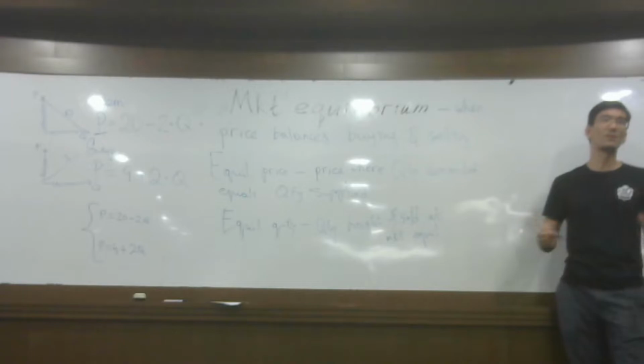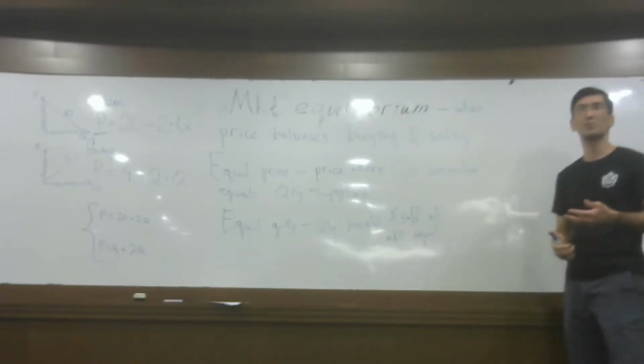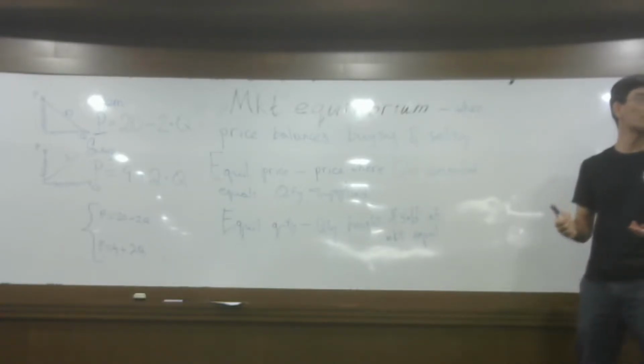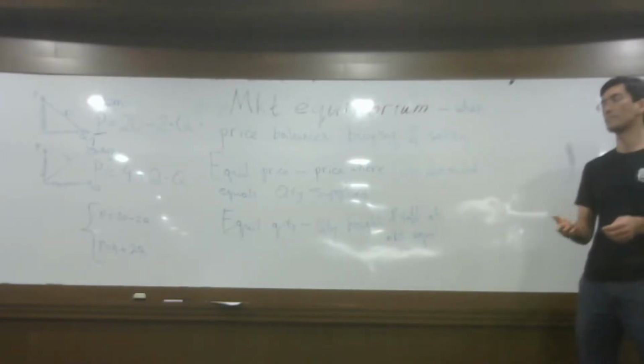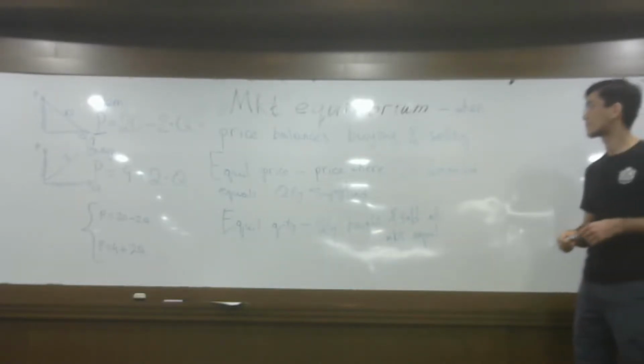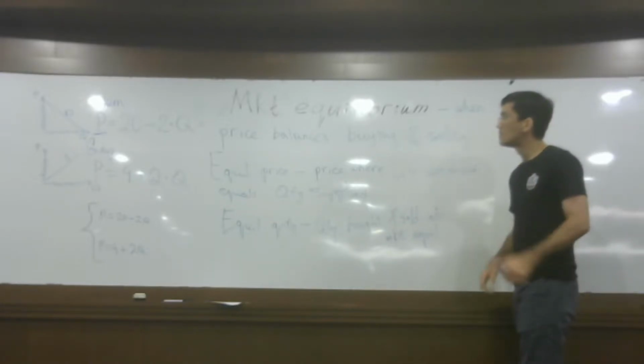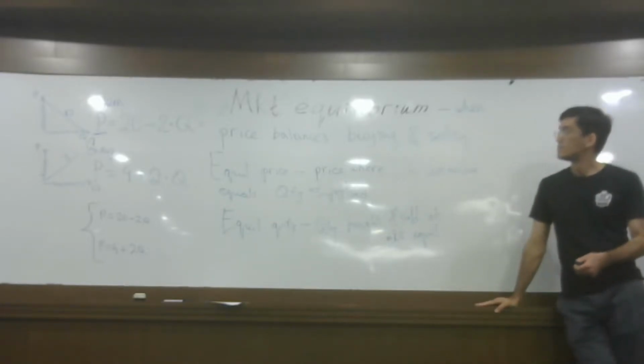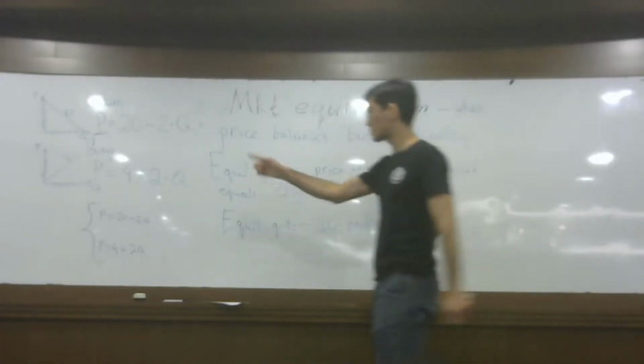So of course equilibrium quantity is the quantity of the product bought and sold at equilibrium price or at the market equilibrium. Either way is fine, right? And let's just use this example.